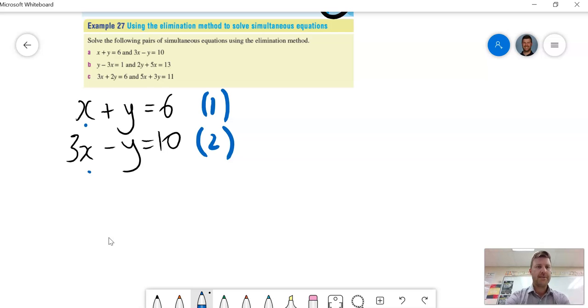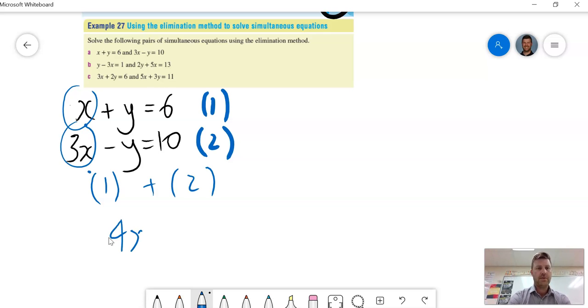So let's add equation 1 and equation 2 and see what we get. So x plus 3x is 4x, and y plus minus y, or 1y plus minus 1y, is 0y. So it's actually eliminated itself.